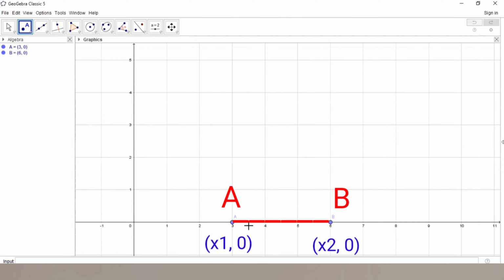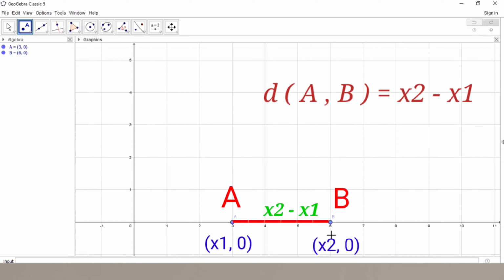Here we have taken the y coordinate as 0 for both points, as these are points on the x-axis. Now to find the distance between them, we use the formula x2 minus x1, that is, the difference of the x coordinates of these 2 points. So the distance between any 2 points on the x-axis is given by x2 minus x1.